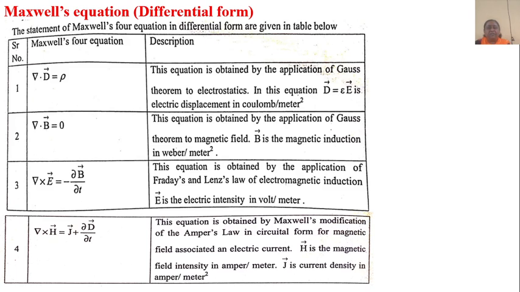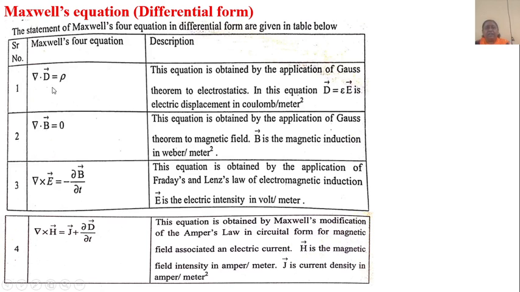H bar is the magnetic field intensity and it is given in ampere per meter, where J is current density and its unit is ampere per meter square.